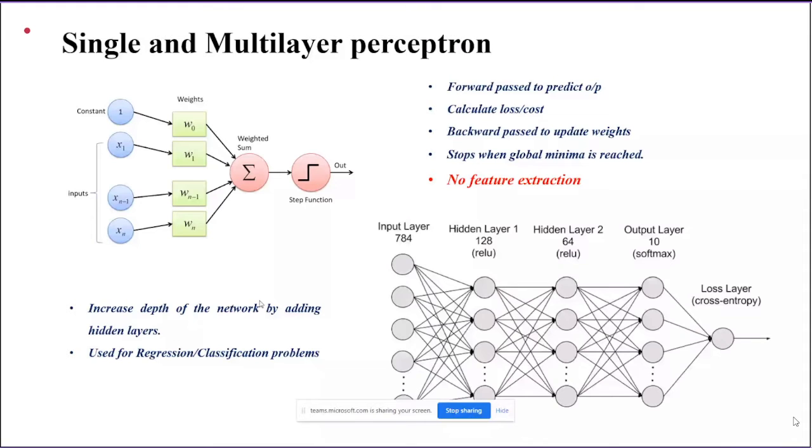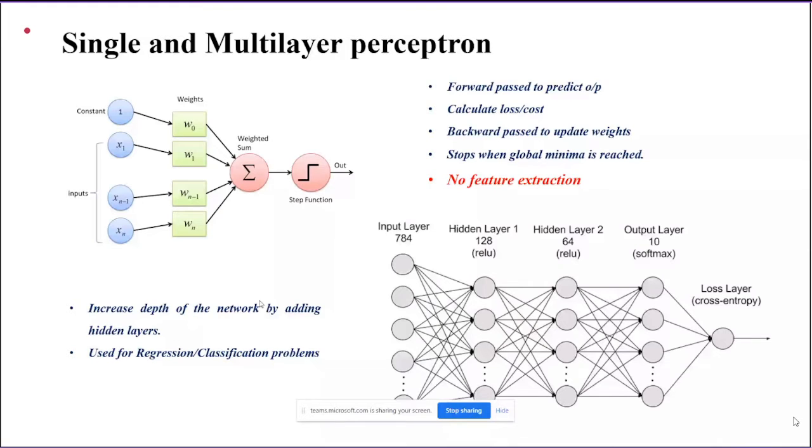As we already discussed, in an artificial neural network there is no feature extraction, which means we need to do the feature extraction by a different methodology. Then, after extracting the features, we need to input the data to this artificial neural network. That is the drawback of this artificial neural network.